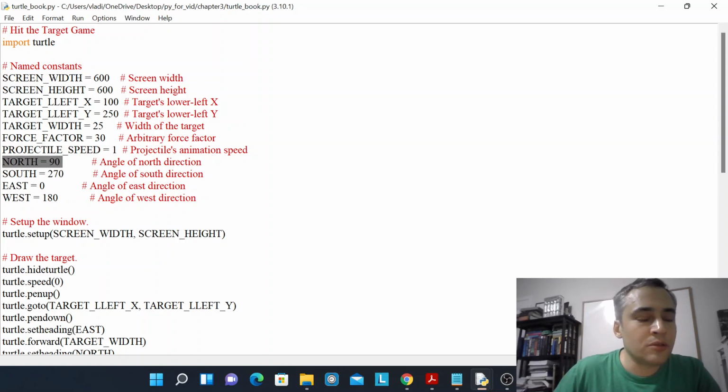To the north from the horizontal to the right, east is 0, east direction, and then to the north turn 90 degrees, to the south 270 degrees. So this is for commanding the turtle to go in a certain direction.